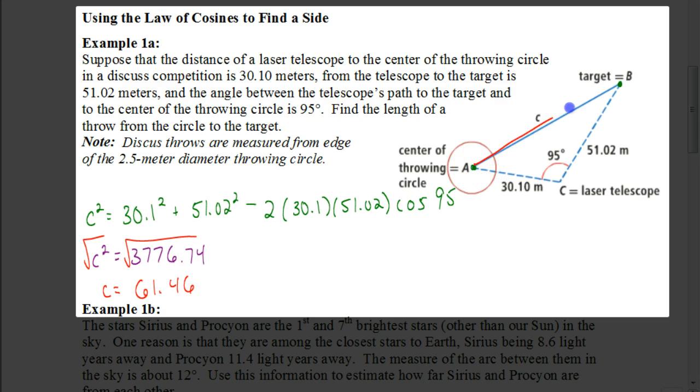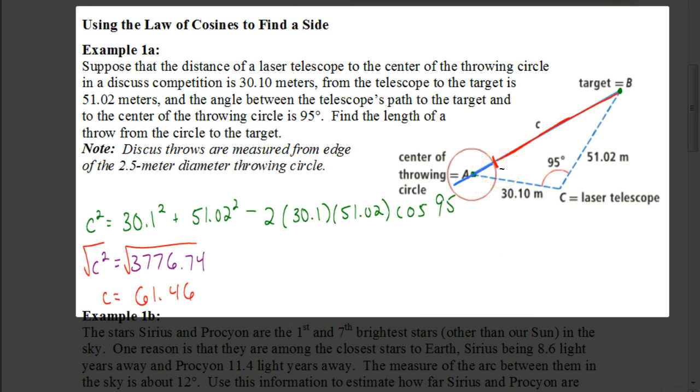But remember, that represents the distance from the center of the circle to where the discus landed. But that's not what we want. We want to know the distance from the edge of the circle to where the discus landed. So remember that they say the diameter of this circle is 2.5 meters.